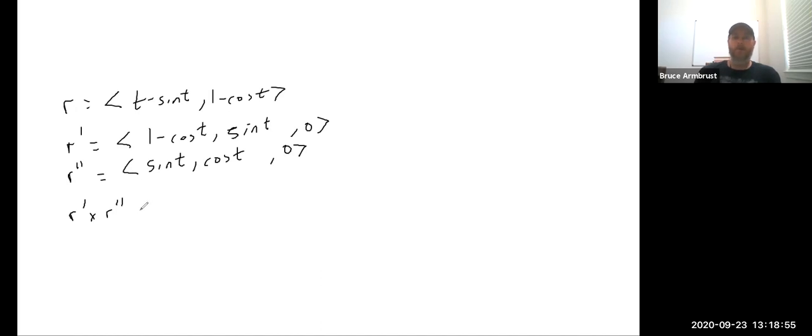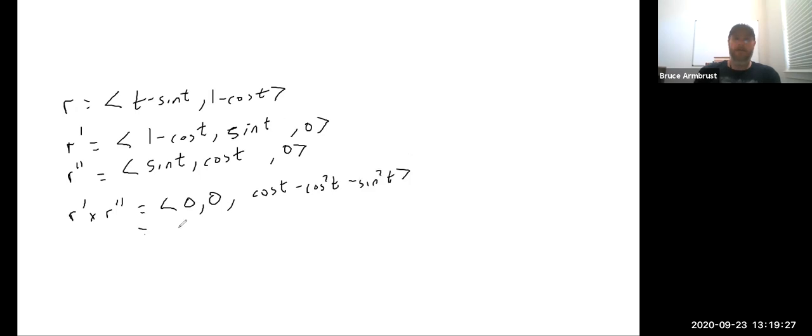So when we cross this, you get sine times 0 minus 0 times cosine, so that's 0. For the j, you're going to get 0 times sine minus 1 minus cosine times 0, so that's also 0. And then for the z, the k, you're going to get cosine times 1 minus cosine, so cosine minus cosine squared, minus sine squared.